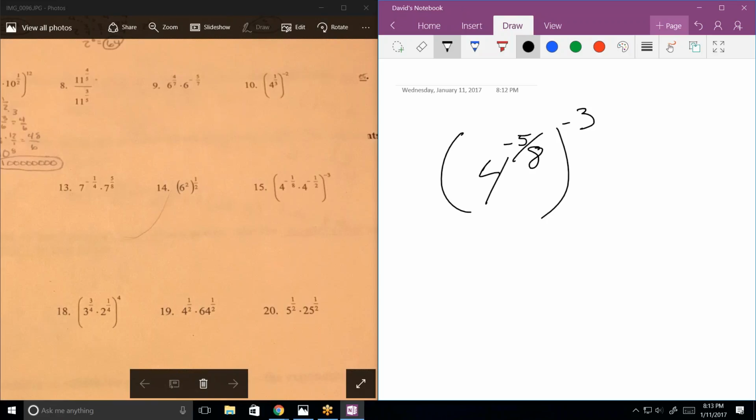Now do the outside. So it would be 4 to the minus 15ths over 8. Not minus. What's minus 1 over 3 times minus 5? It's minus 3. Yeah, I did put a minus there. So that'd be positive. So 4 to the 15/8 power. And that's the final answer because it's positive.